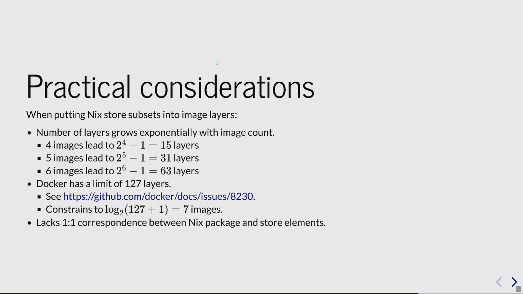Another thing to keep in mind is that when you are trying to optimize the image layering by Nix store elements, you really need to do that through Nix packages. You can't manipulate Nix store elements directly. When you use packages, you may find, and I have found this, there's not a one-to-one correspondence between the package itself and store elements. So this is another area of difficulty that you're likely to run into.